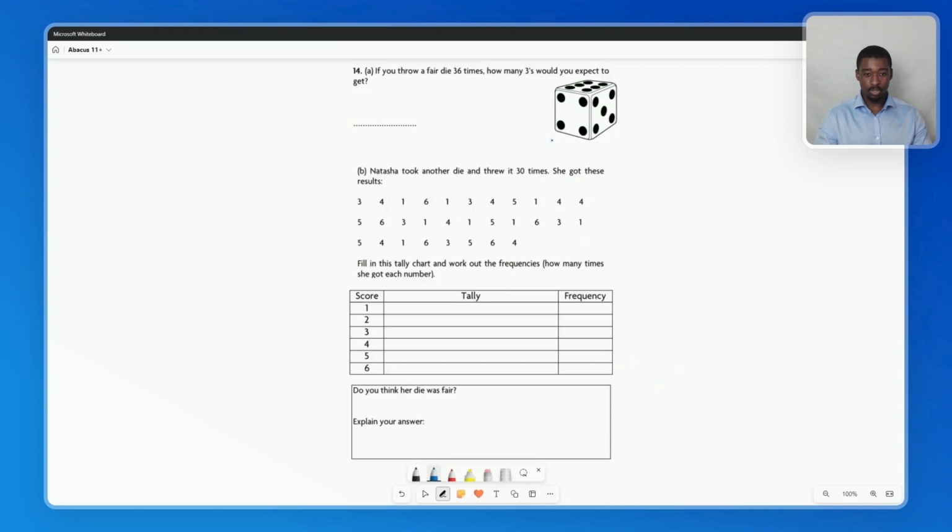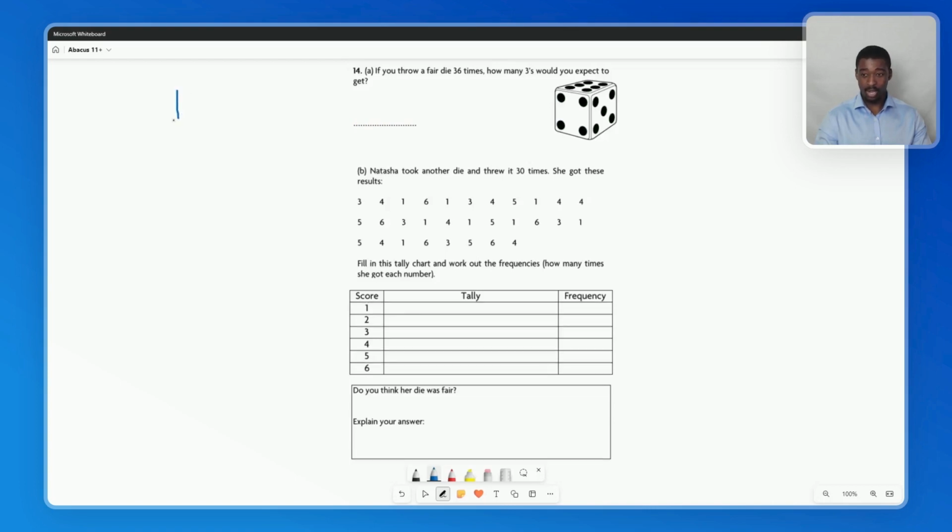Well, let's first think about the probability of rolling a 3 on a fair die. Well, on a die, from the numbers 1 to 6, we have one of each of those numbers. So one 1, one 2, one 3, one 4, one 5, and one 6. So out of the 6 faces, we have one 3.